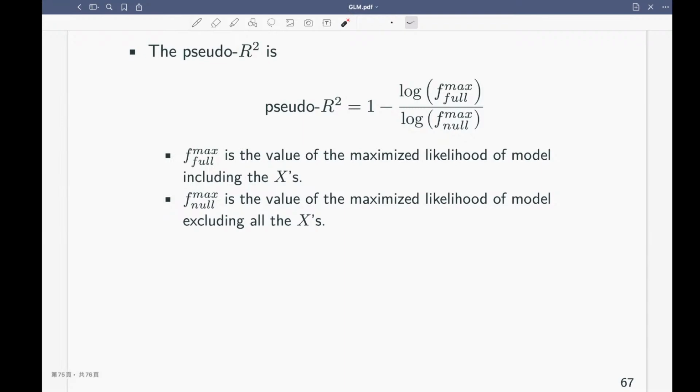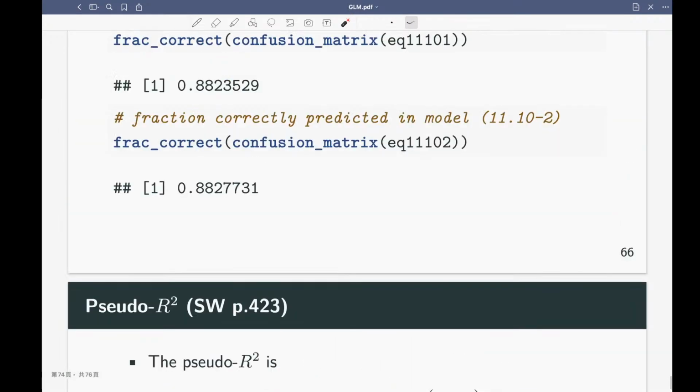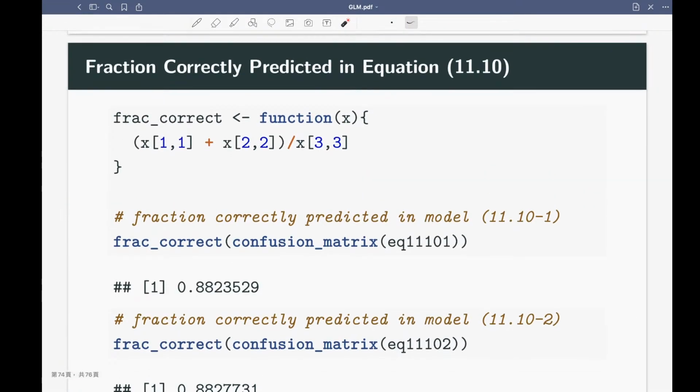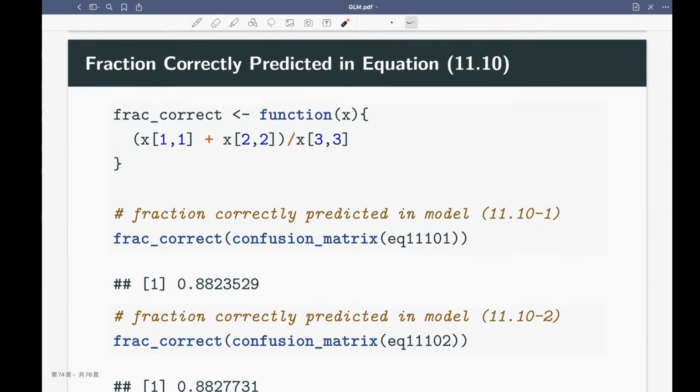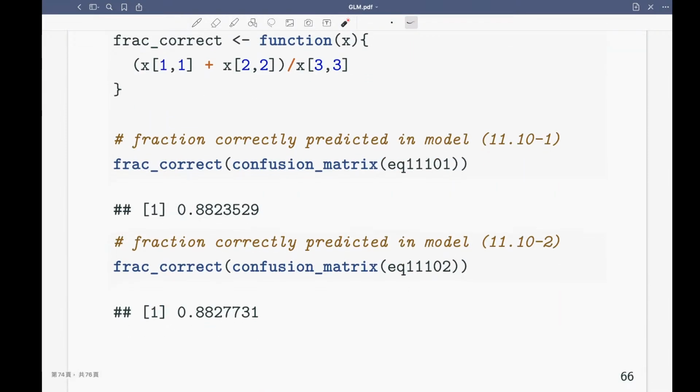With the pseudo R-squared, we reach this conclusion. With the fraction of correct predictions, we reach the same conclusion, because the accuracy in model 2 is greater than in model 1. So we should use model 2.